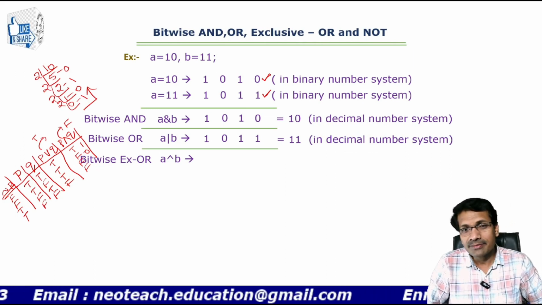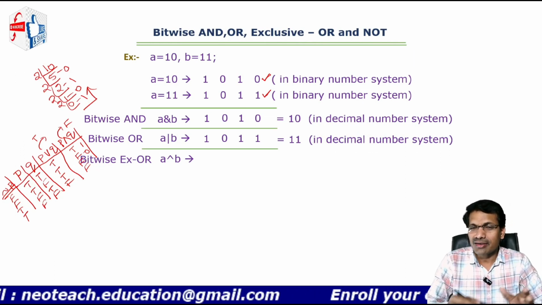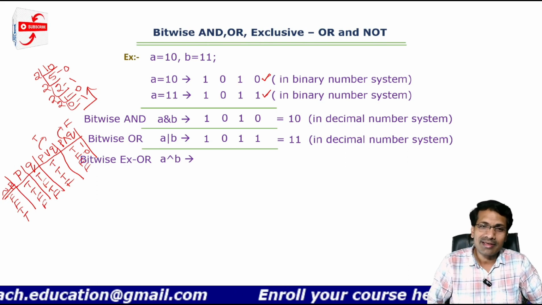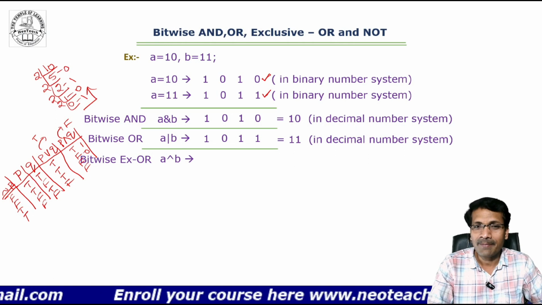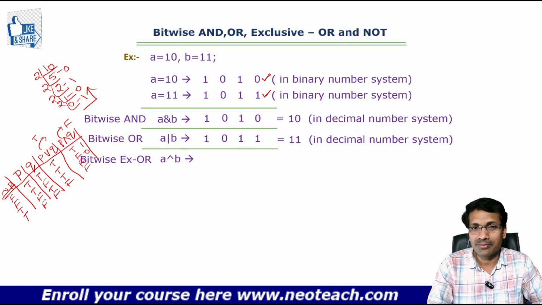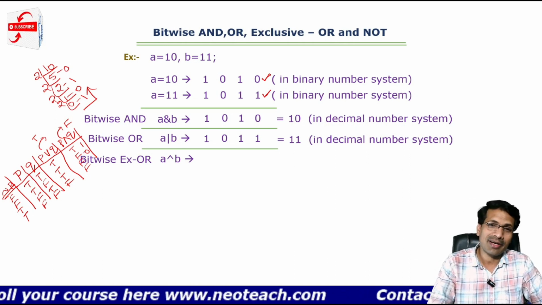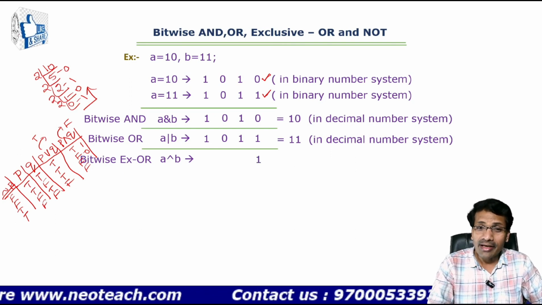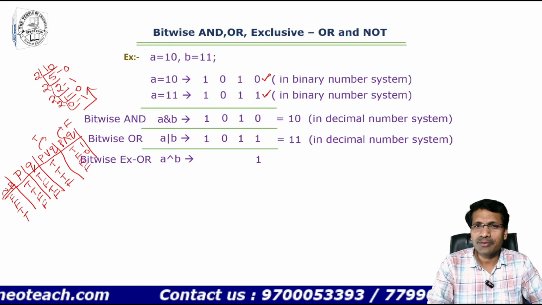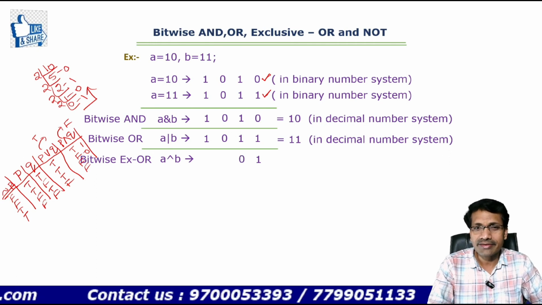In the other case, if both the values are the same, either true true or false false, in that case we get false only. So first one, false and true, both are different, so we write true, which is 1. Now 1 exclusive OR 1, both are the same values, so false, 0.